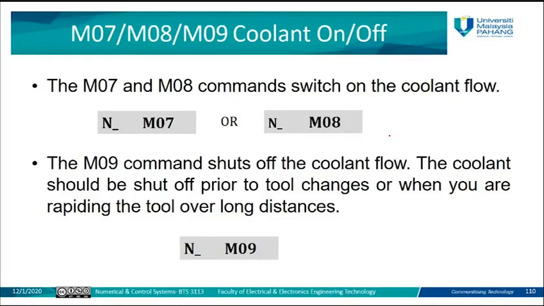When you have two metals or two steel surfaces, the temperature of the tool will be very high due to the friction between the two surfaces. So we need the coolant to lower the temperature of the tool.